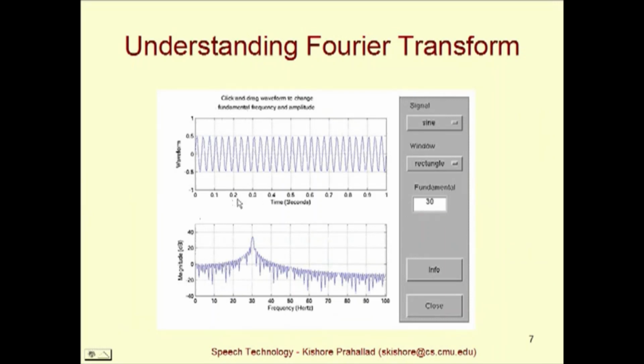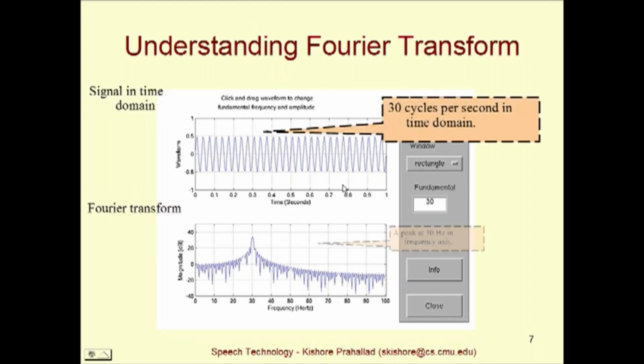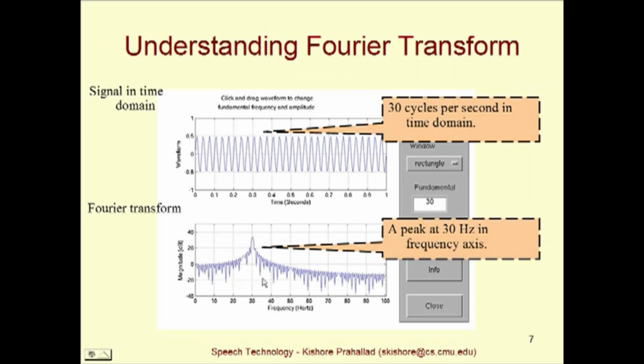Now it has 30 cycles here in the time domain, and then you would expect a peak at 30 Hz. That's what you get. So this is a very simplistic way of understanding the Fourier transform.